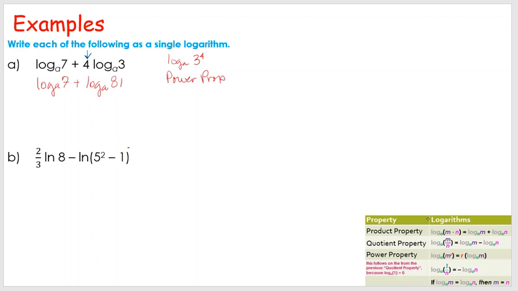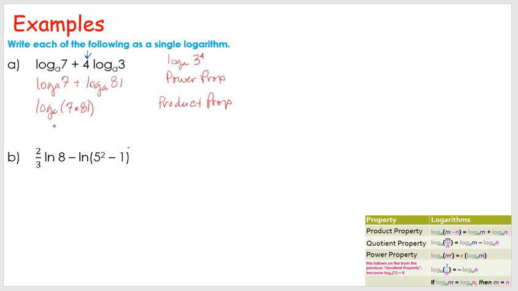Now that they're being added, if you look at your product property, when they're being added together, we can convert it to multiplication. So I'm going to have log A 7 times 81. And like I said, I use the product property to change that.